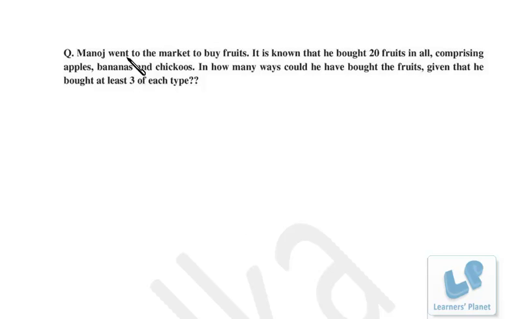Now here see, Manoj went to the market to buy fruits. It is known that he bought 20 fruits in all, comprising apples, bananas and chikus. In how many ways could he have bought the fruits, given that he bought at least 3 of each type? Okay, apple plus banana plus chiku, in all there are 20, right? And he is buying 3 of each type. That means 3 apples, 3 bananas, 3 chikus.